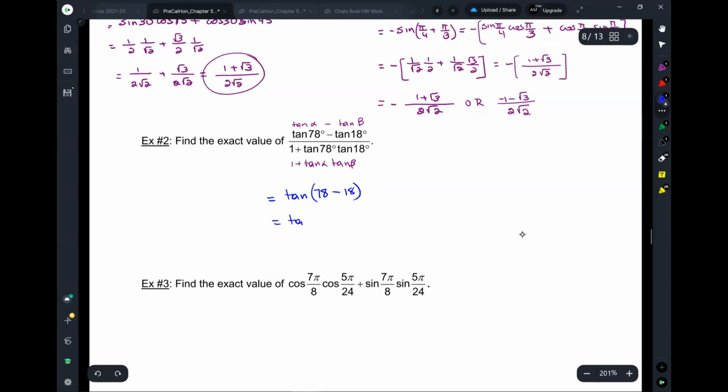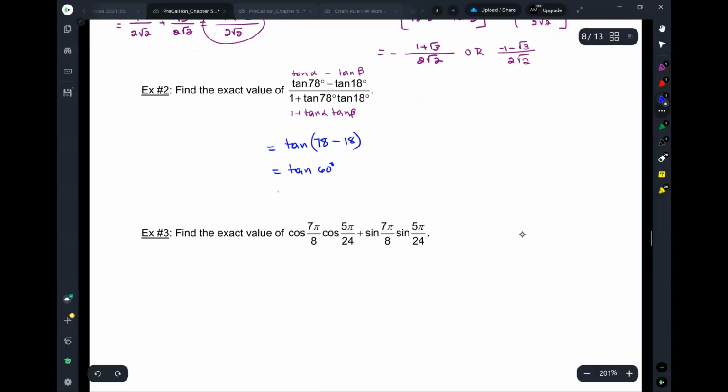And that subtracts to what? Oh my gosh, that's totally a special angle. Right? And tangent of 60 is root 3. So let me remind you of this again. You have a 60 and a 30, right? Larger angle, smaller angle.